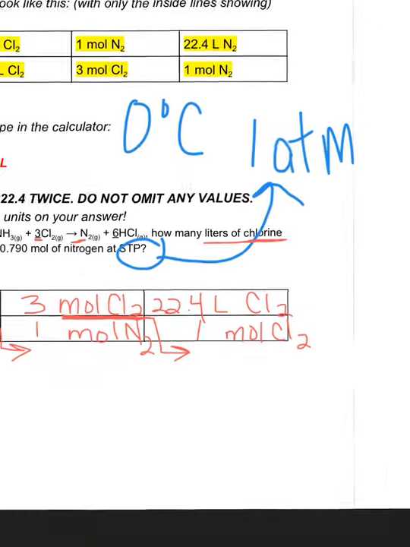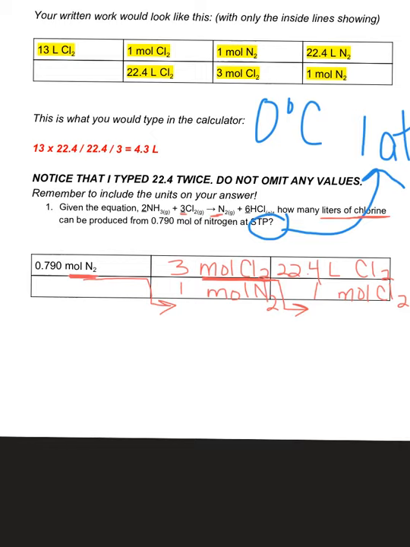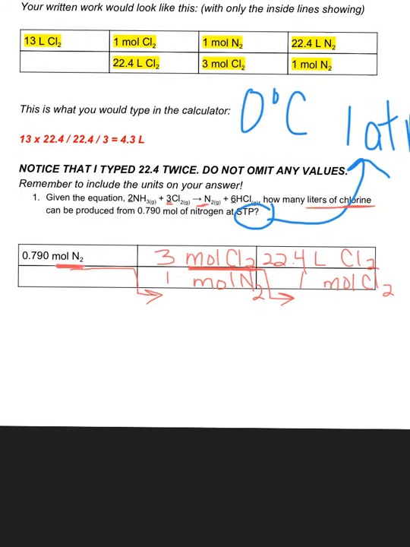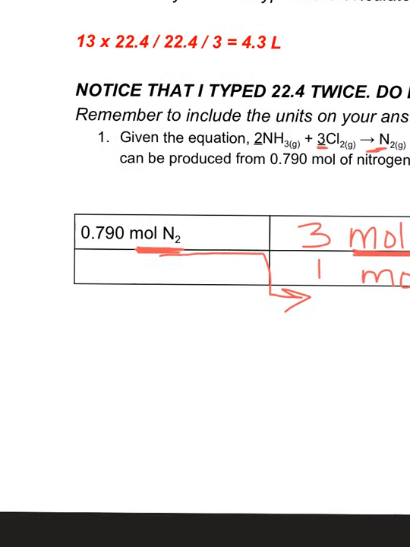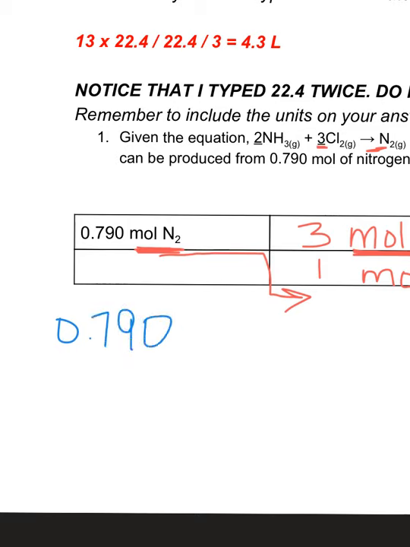22.4. There's your setup. Okay? So on the calculator, you would take your given. Let me zoom in again. On your calculator, 0.790.